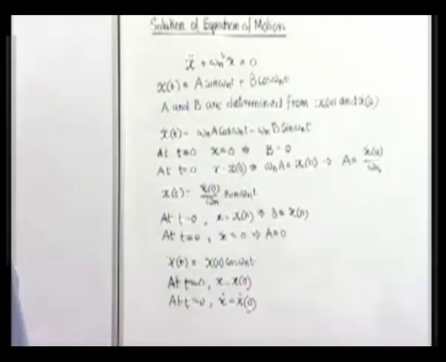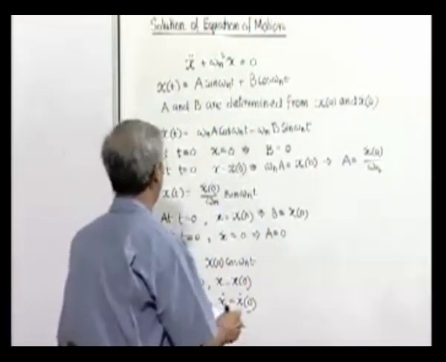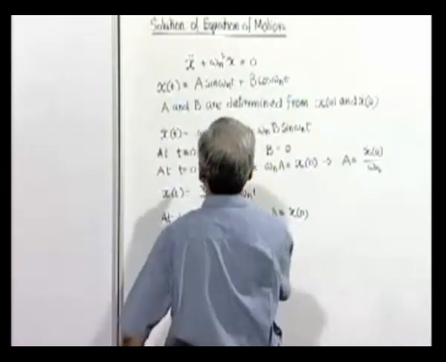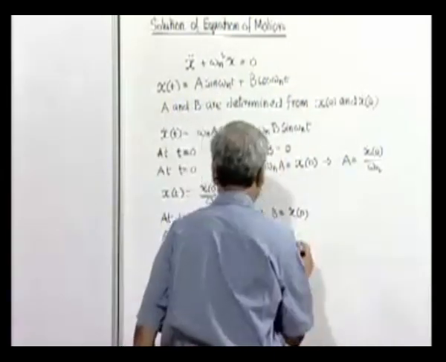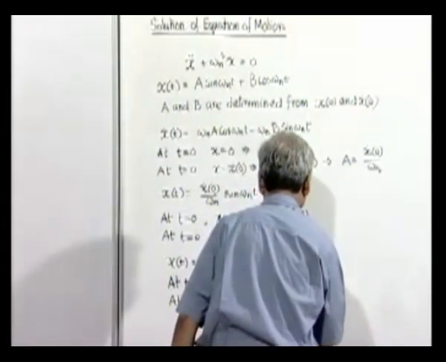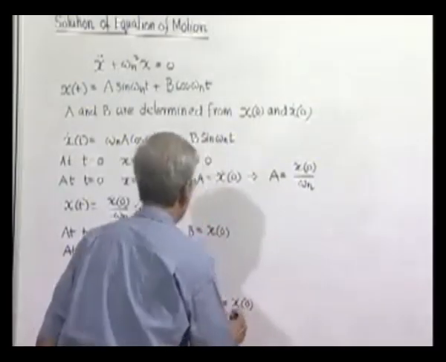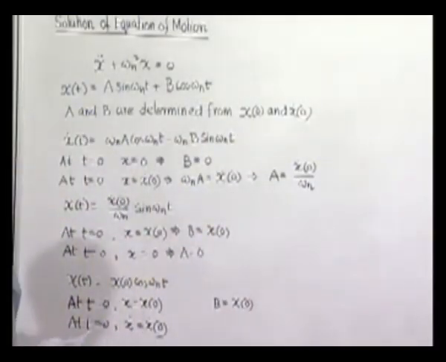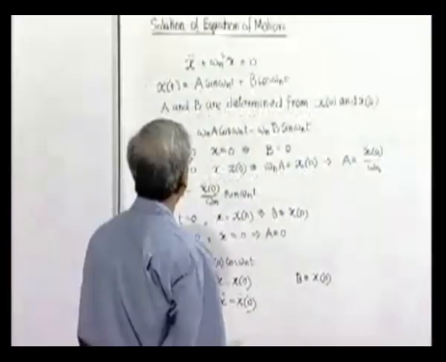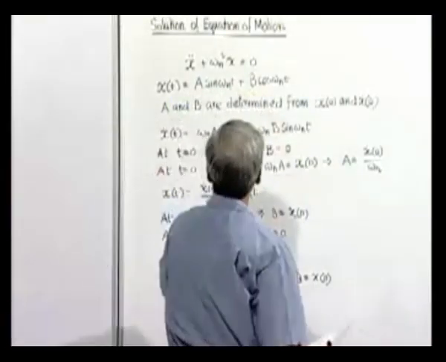You can solve it. That means we will get at t is equal to 0, x is equal to x 0. So, b is equal to x 0. So, this is 0, only b remains and that is x 0.